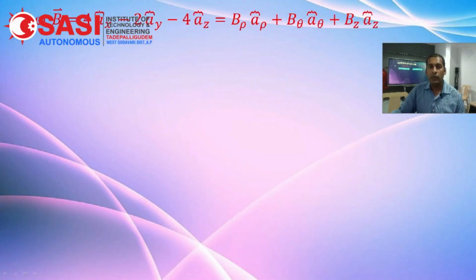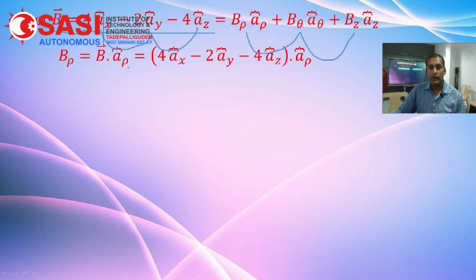In the third one, vector B bar is defined in terms of x, y and z. We have to convert it in terms of r, θ and z. First step, for the r component, the magnitude into a_r cap.